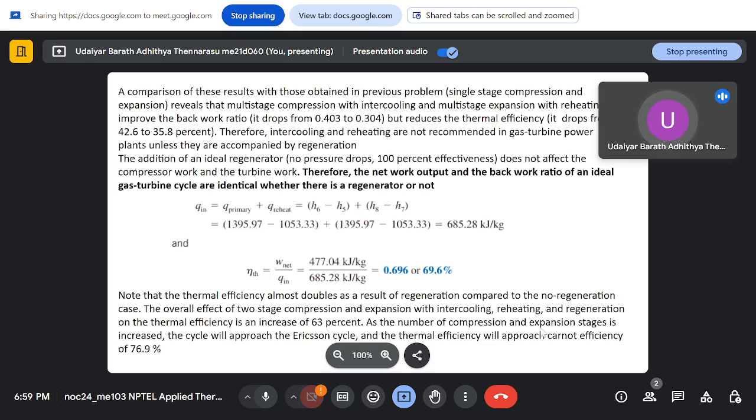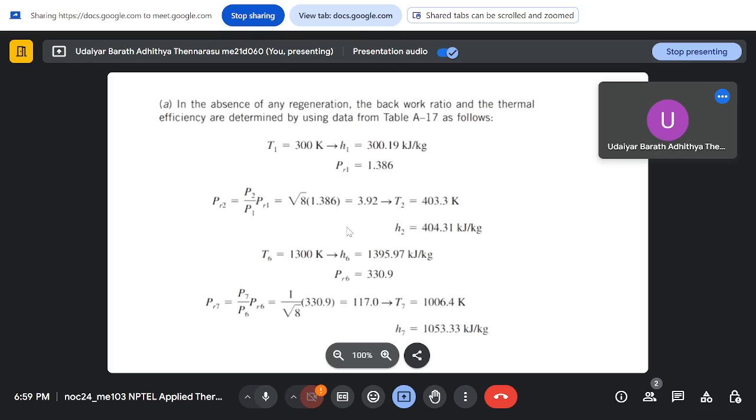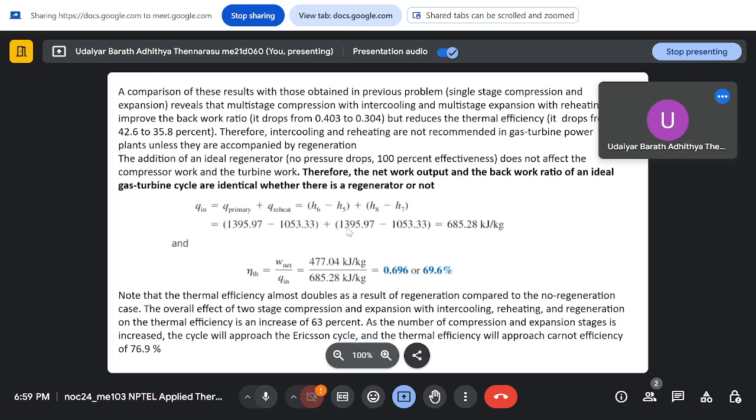So as the number of compression and expansion stages increase, the cycle will approach the Ericsson cycle and thermal efficiency will approach Carnot efficiency of 76.9%. If you calculate Carnot efficiency for the maximum and minimum temperatures of 1300 Kelvin and 300 Kelvin, it will come out to be 76.9%.